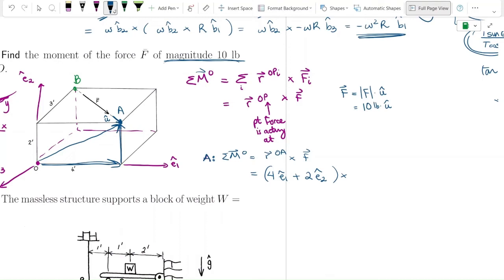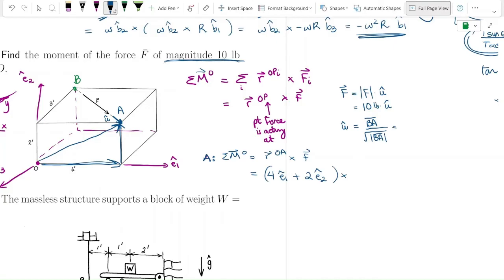So how do I find the unit vector? First, I find a vector that is in the same general direction as u. One such vector is, let's say, this vector from B to A. And what you do is you take that vector and divide it by its magnitude, because the unit vector has magnitude 1.